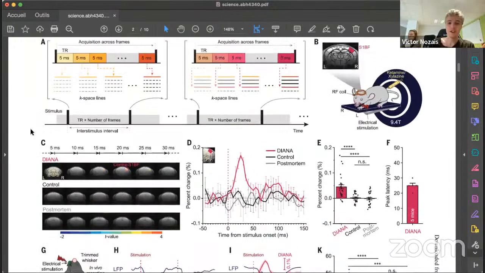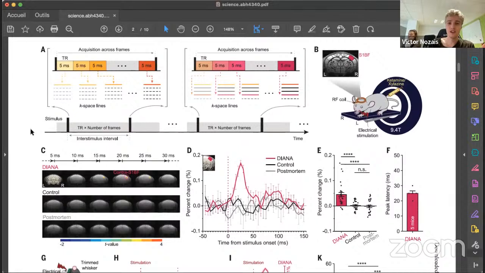But when you think about it, this is also kind of what they are doing, because they are measuring the first row of the K-space first for every time point, then the second row, etc. So you already need to have the stimulus locked on the repeated scans.